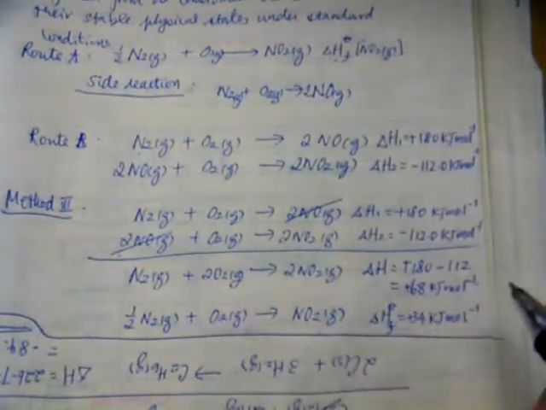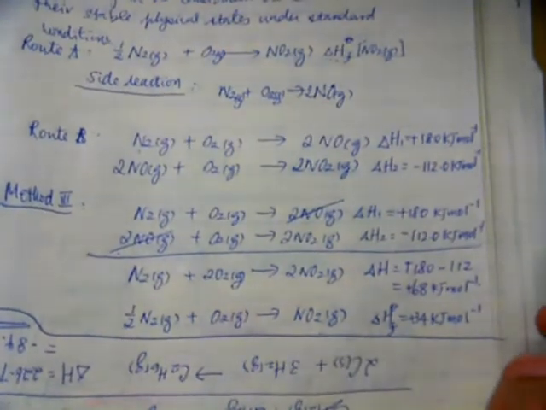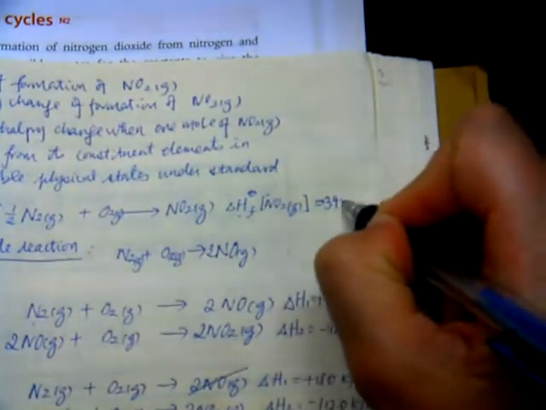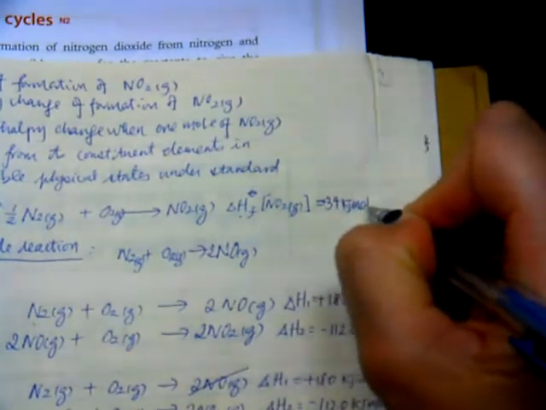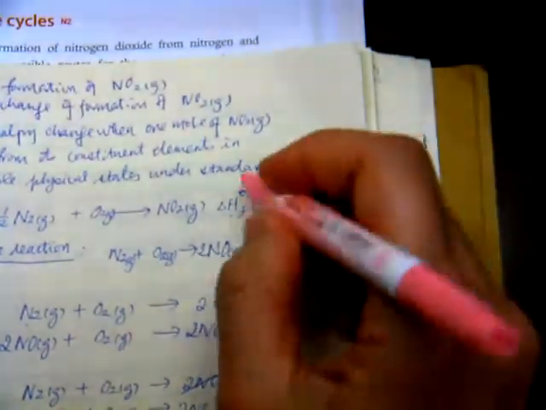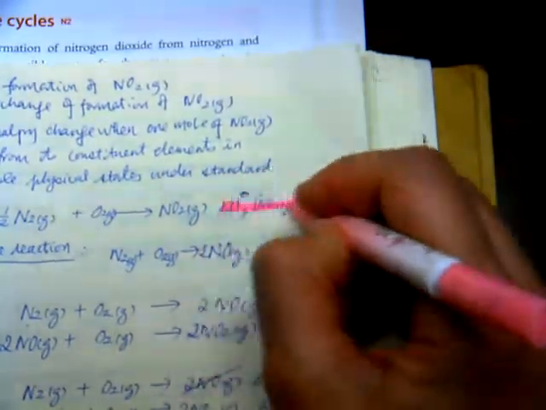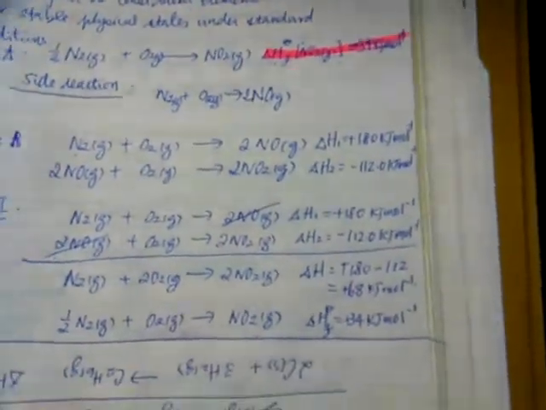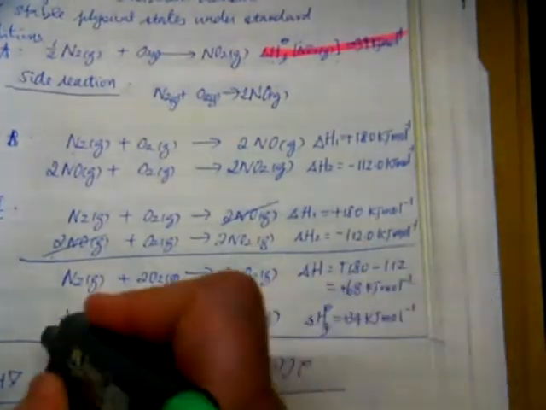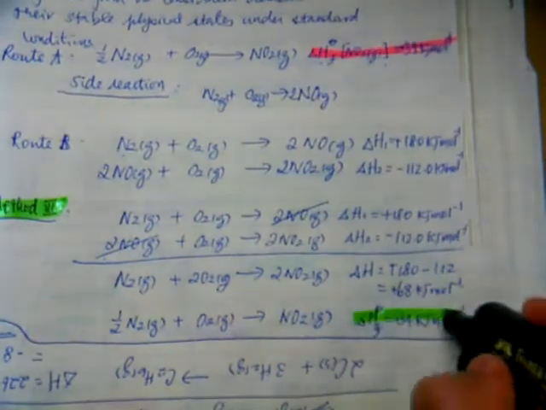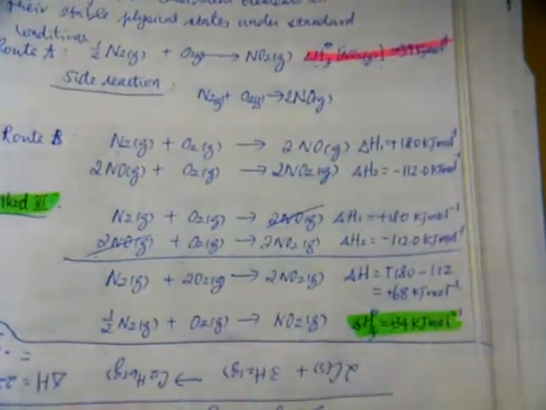Do you understand? Look at the literature data. It is equal to 34 kilojoule per mole. These two numbers are the same. This is from the data book, and this is calculated by using method C, the third method. Can you see that they are the same?